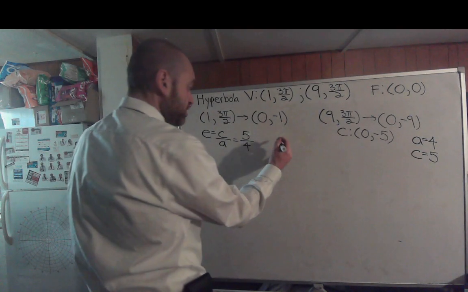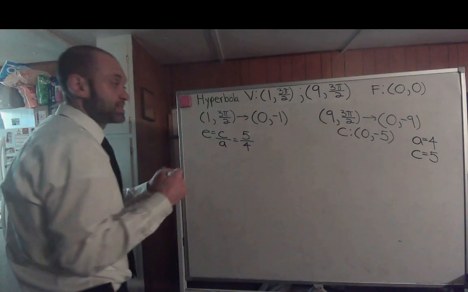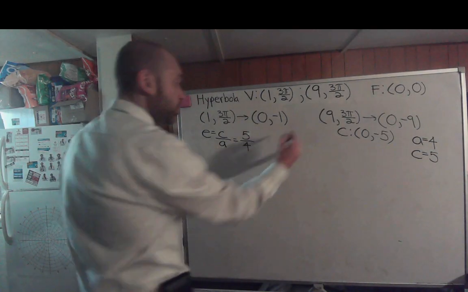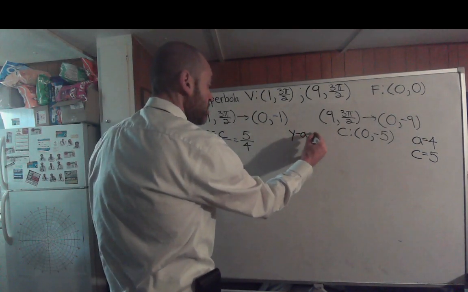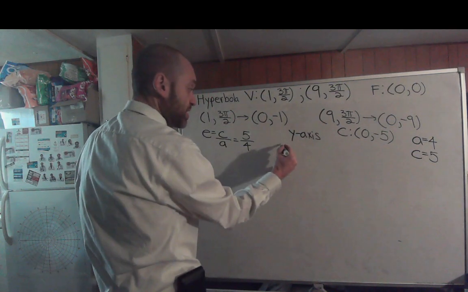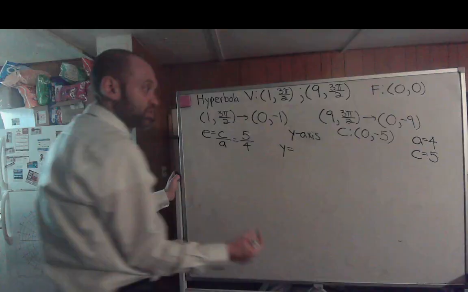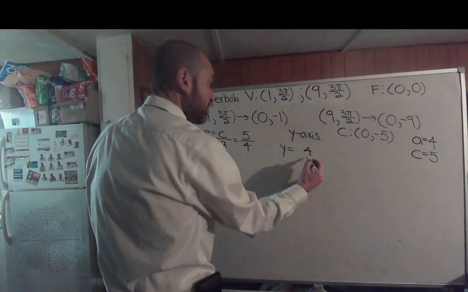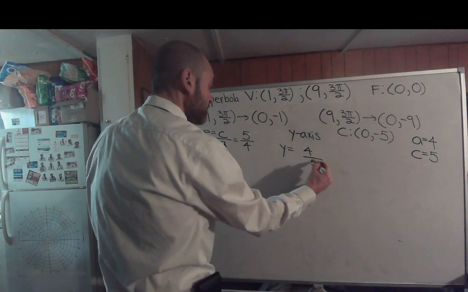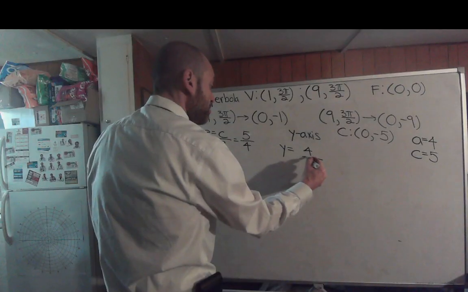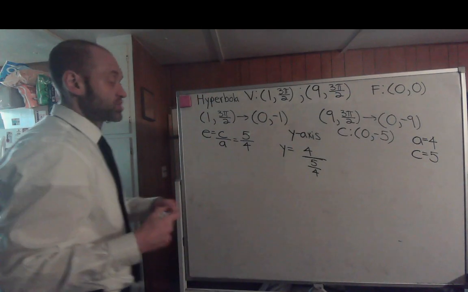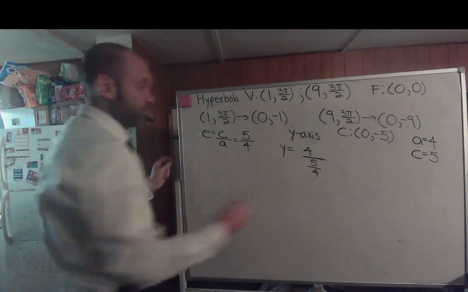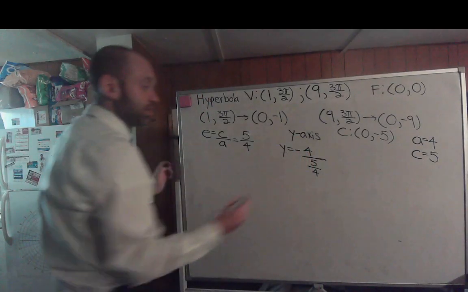For a hyperbola also, what's the axis of symmetry? You've got y-axis symmetry, which means your directrix will be in the form y equals a over e, well, 4 over 5/4. But we know the directrix is going to be below the pole, below this vertex of (0, -1), so it's actually going to be a minus on there.